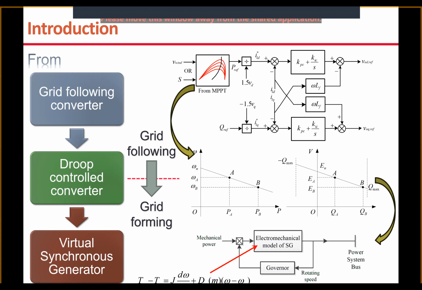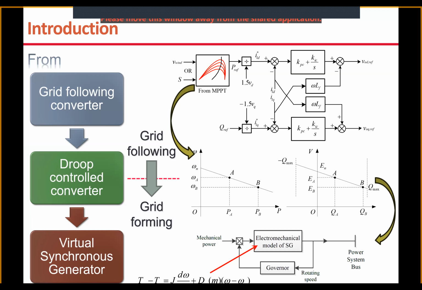Basically, this P reference will come from the P-f and Q-V droop, and not from the MPPT in that case, right? So that will help the frequency and voltage of the grid.